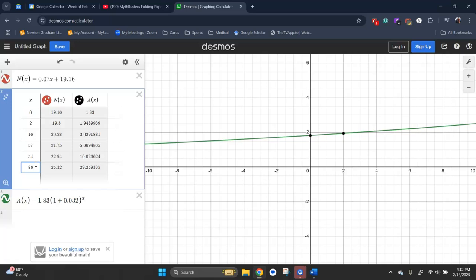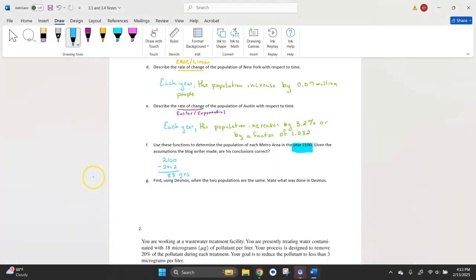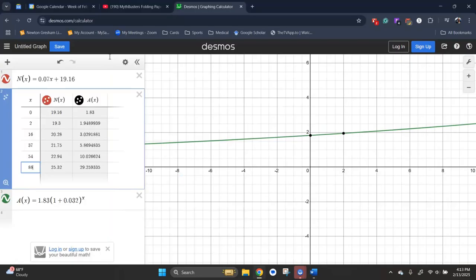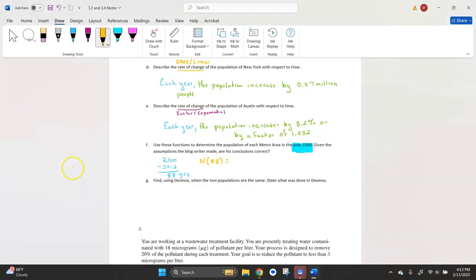So at some point in time, those two populations will have changed in terms of which one is greater than the other one. So we have in New York, N of 88 is equal to 25.32 million.